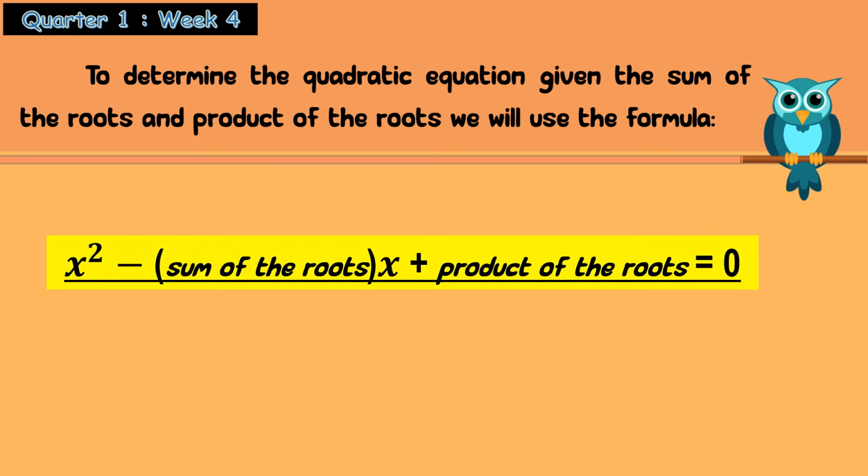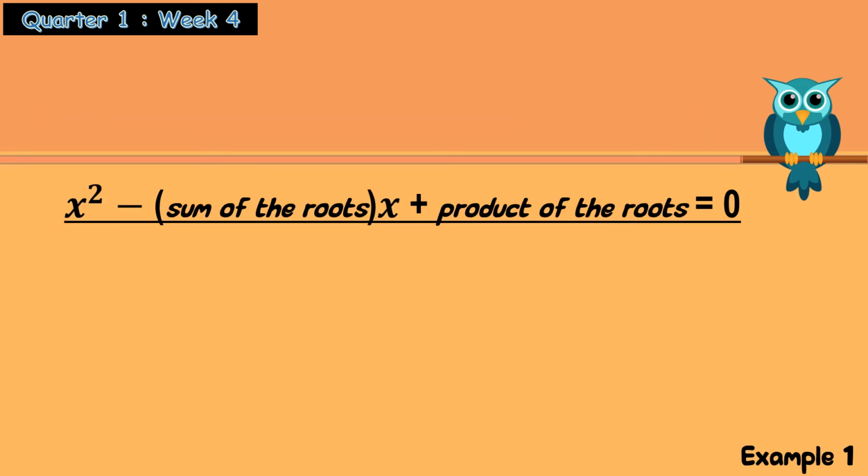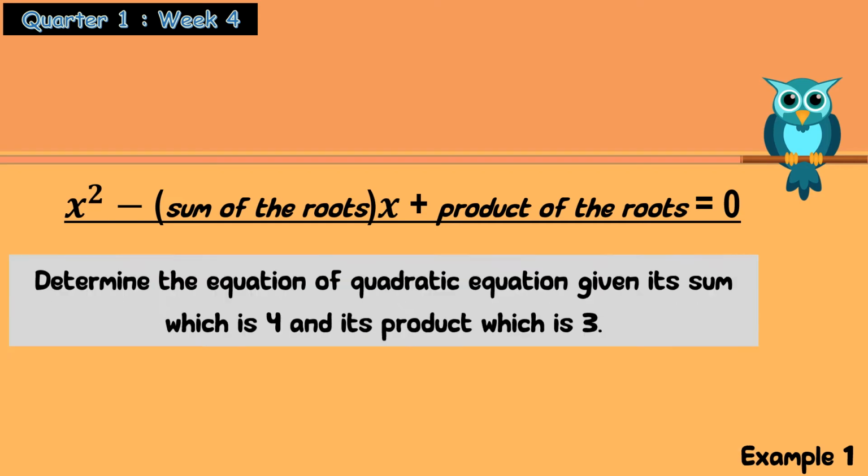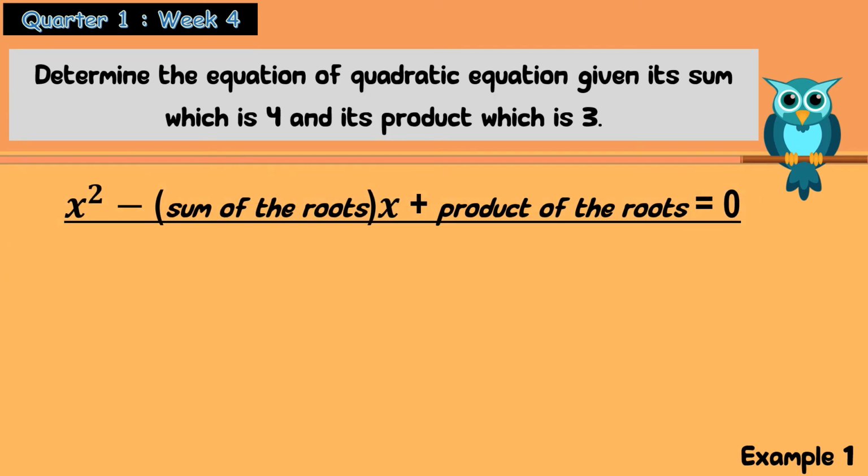So let us have our first example. We will determine the equation of the quadratic equation given its sum, which is 4, and its product, which is 3. So through the use of this given formula here, you will copy x squared minus the sum of the roots given, so that is positive 4.